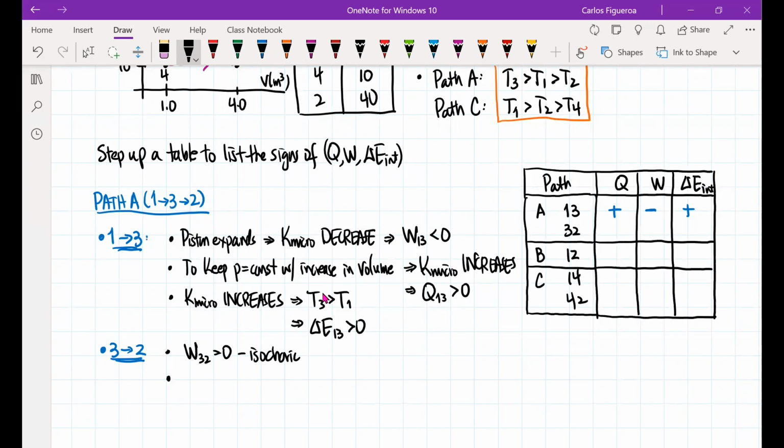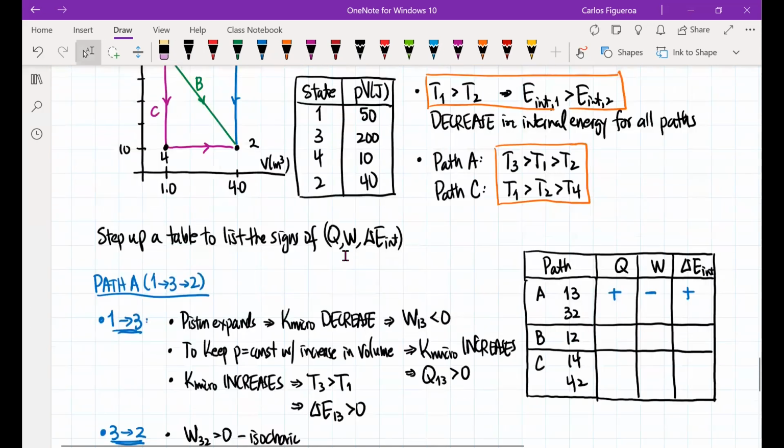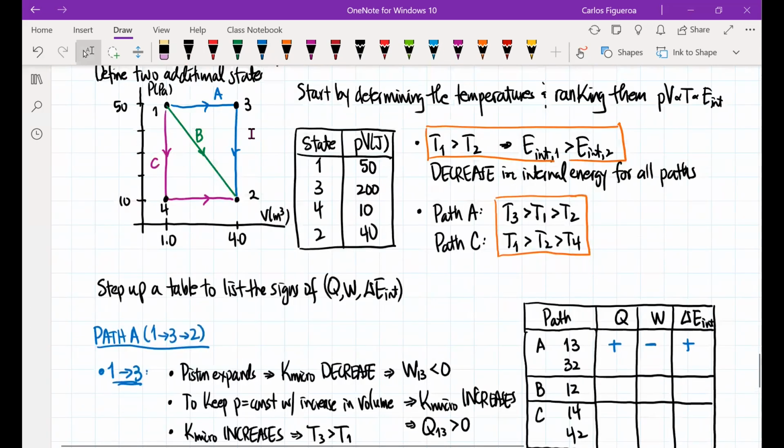The next thing is that now we're looking at the heat. Well, if I have the same volume and the pressure decreases, I have to decrease the temperature of the gas.